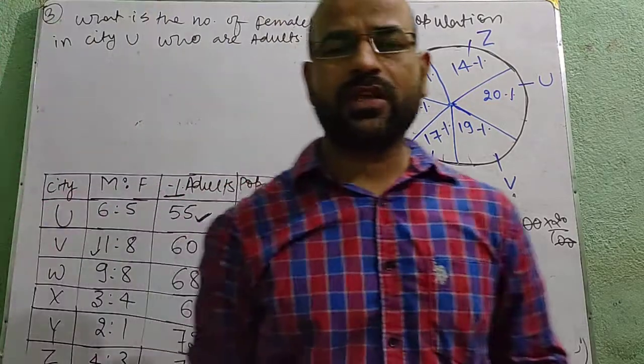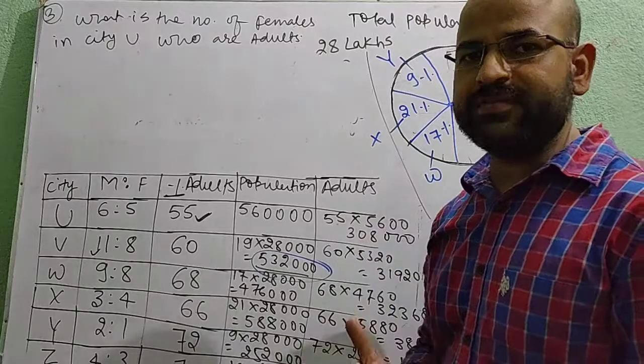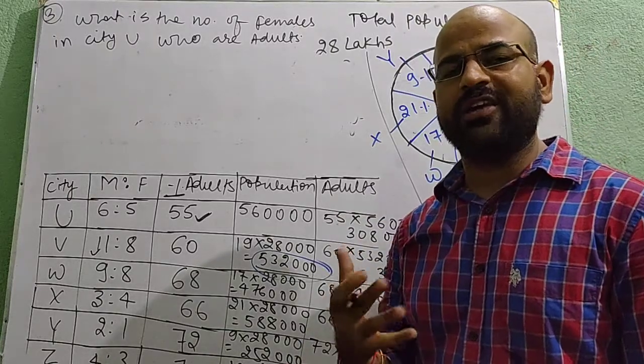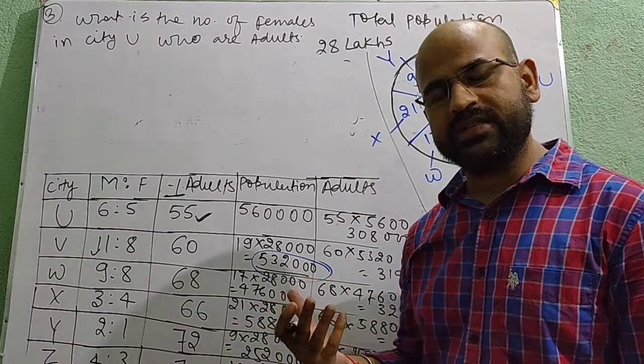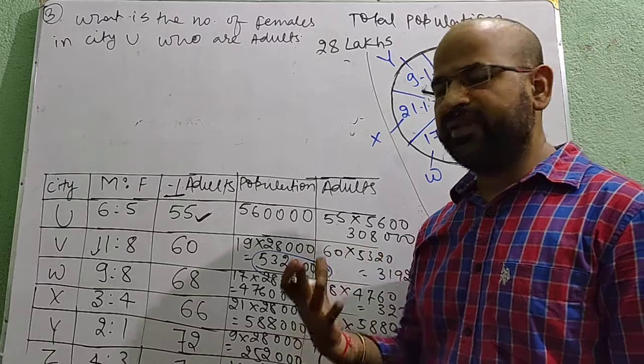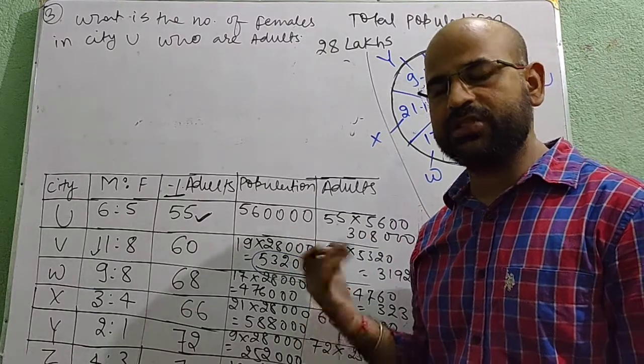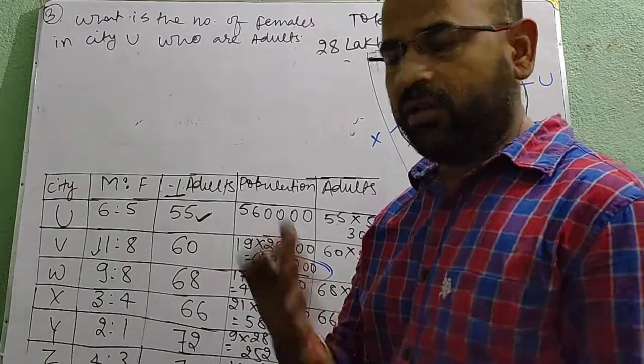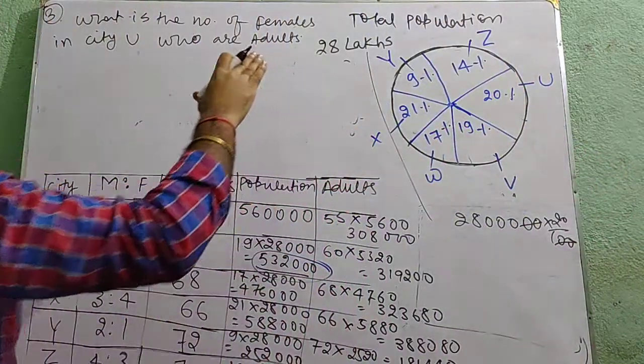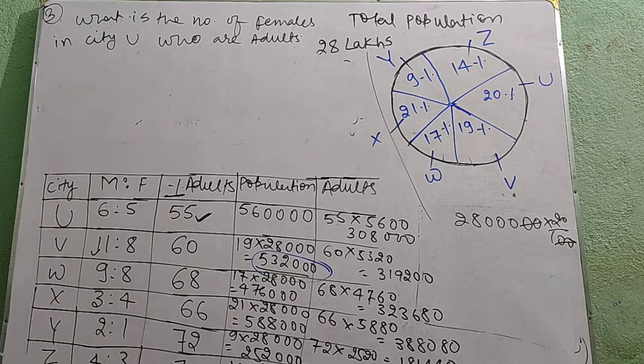One thing I want to discuss, especially in banking exams: there are 5 options and one option is that it cannot be determined, meaning there is not enough data to calculate. First of all, what is the number of females in city U who are adults?